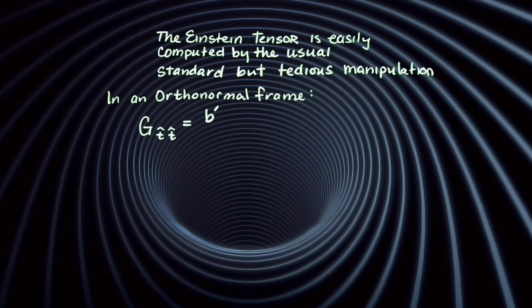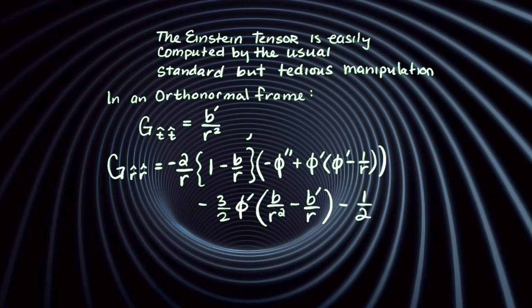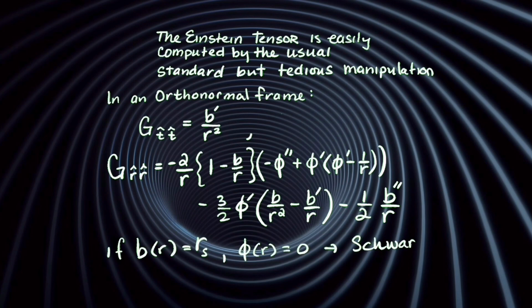In an orthonormal frame, the Einstein tensor time component is this, the radial component here, and the rest of the non-zero components. If b(r) is the Schwarzschild radius and phi of r is 0, this reduces to the Schwarzschild solution.